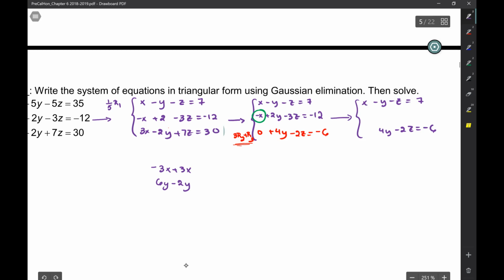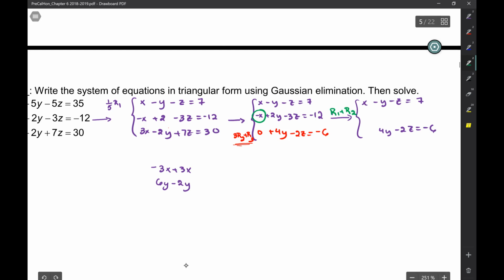Here, how can I get rid of this? Combine it with the first equation, right? So what you do is you look at its row. What can I multiply here and add to this to get rid of this? Well, what I can do is row 1 plus row 2. Is that right? Row 1 plus row 2. Always keep track of what you're doing so you can check your work later.